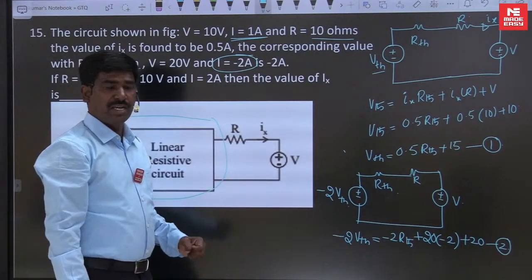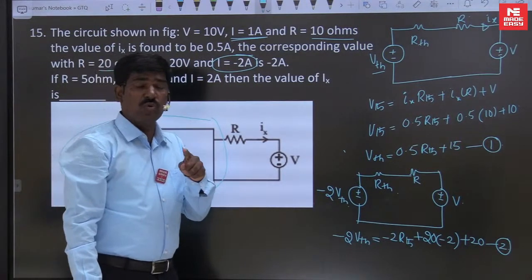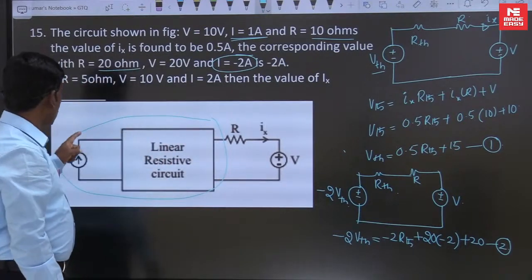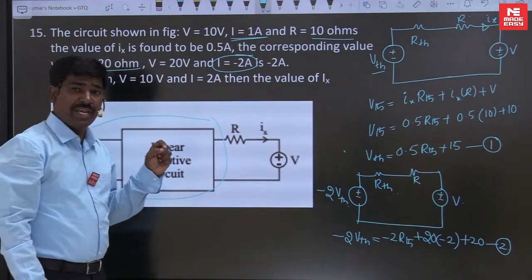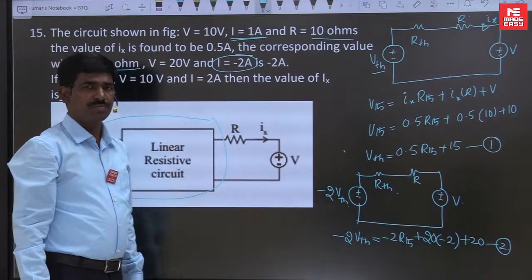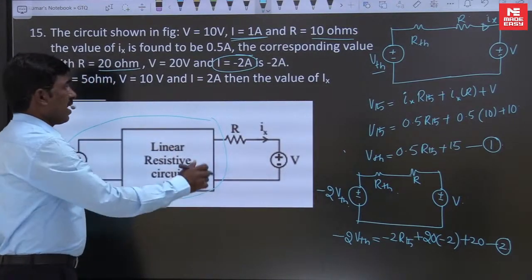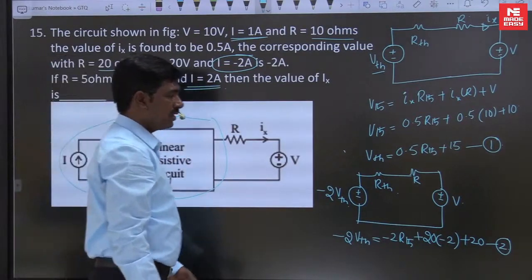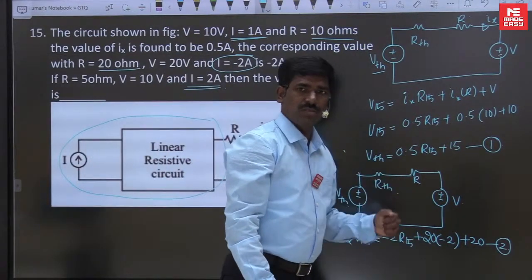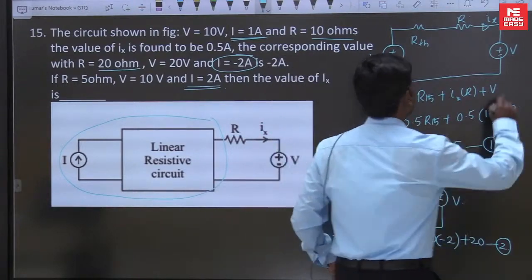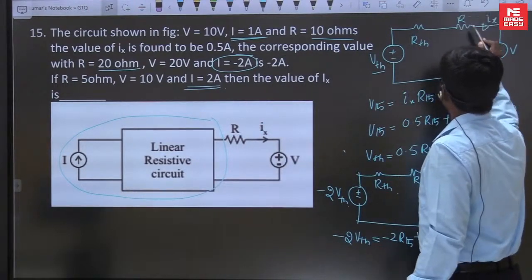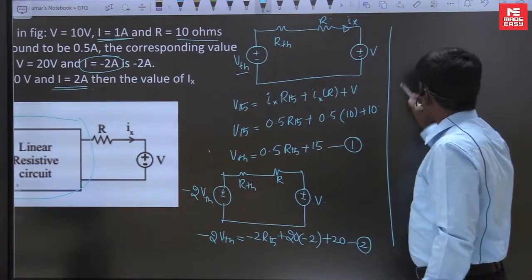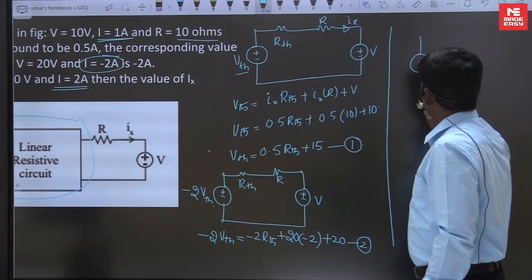Once you get VTH and RTH, that VTH value is due to the current source value of 1 ampere, the open circuit voltage at 1 ampere. In the last case, I is equal to 2 amperes. Solving the two equations gives VTH and RTH. After getting VTH and RTH, now the circuit has 2 VTH.